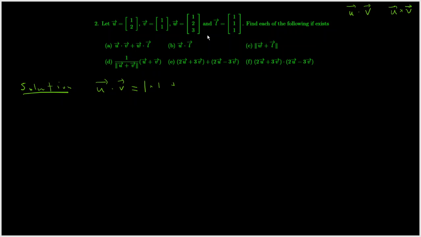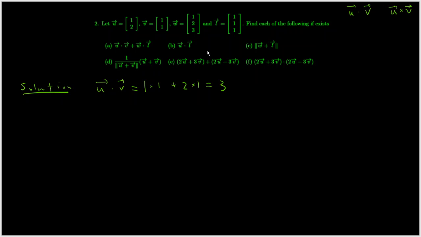And then plus the product of the second components. I mean 2 times 1. Okay. The answer is a number. You know how to compute the number. The number is 3, right? So the dot product of u and v is equal to the number 3.